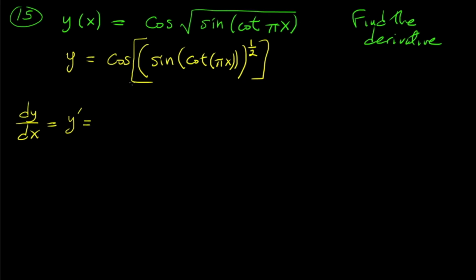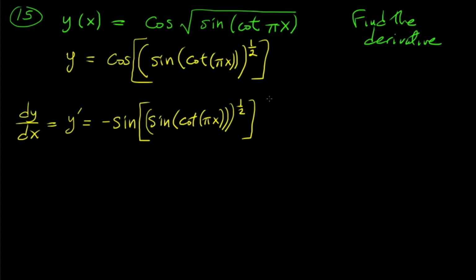All right, so the derivative of cosine is negative sine. So we're just taking negative sine of all of this. Cotangent of pi x. And then all of this to the power 1/2. Right, square root of the whole thing. All right.